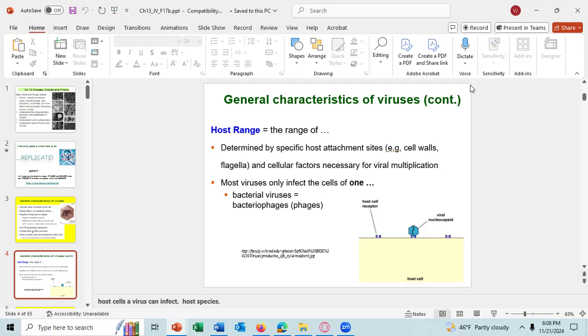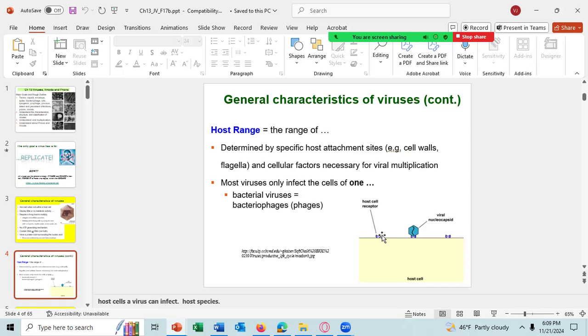The virus has a molecule which binds to the receptor, so the receptor is a molecule on the host cell. The virus has a molecule on its outer surface called either a ligand or an adhesion, and that molecule binds to the receptor.